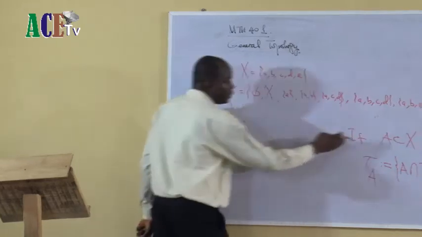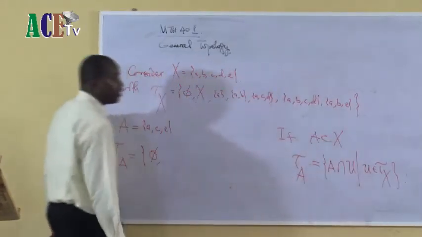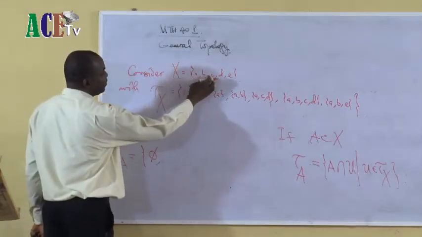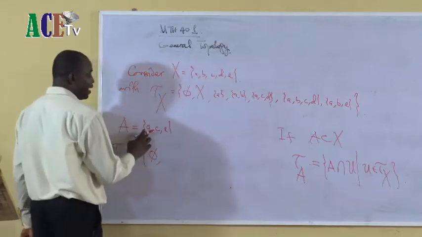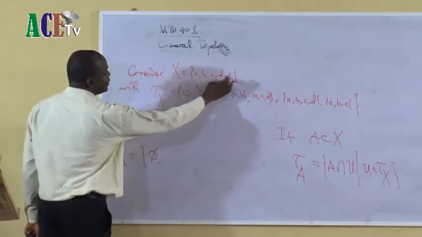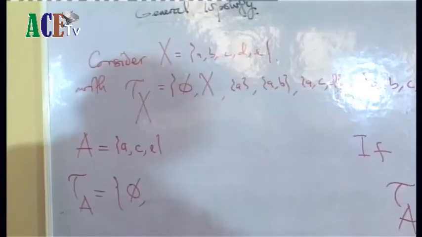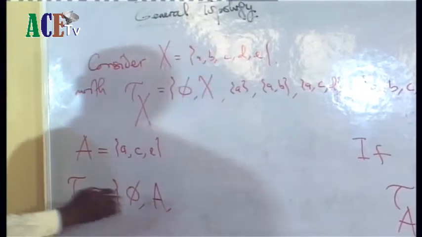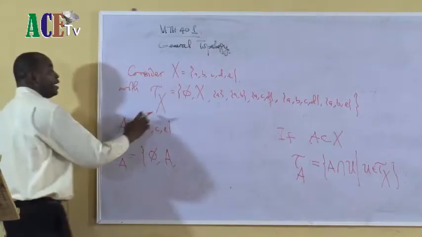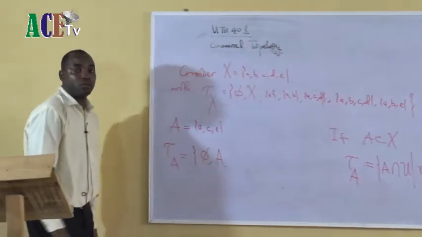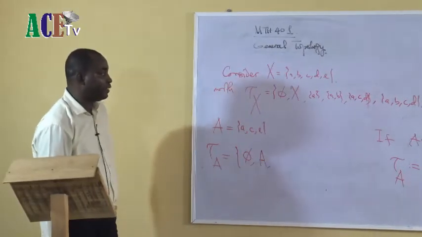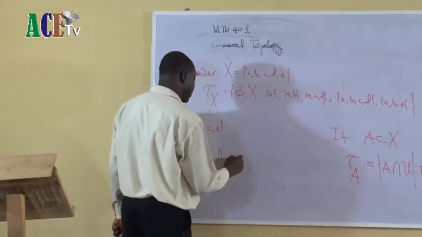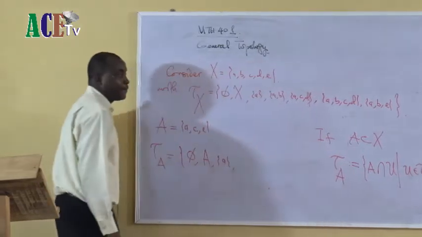Of course, we know that A is a subset of X. {a, c, e} is a subset of {a, b, c, d, e}, because you can find a, c, e here. So the intersection between X and A is A itself, because the whole of A is in X. So now the next thing we consider is the intersection between {a, c, e} and A. We simply have A there.